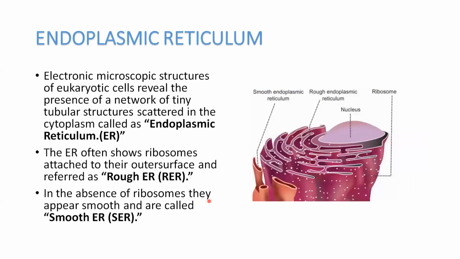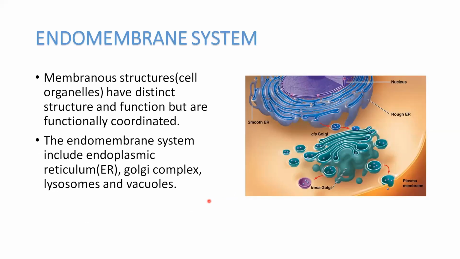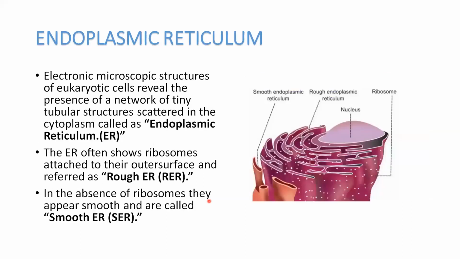Now let us move on to all the other cell organelles. First, let us go through the endomembrane system related cell organelles, then all other cell organelles. So what is the endoplasmic reticulum? It is a network of membranous tissue which is continuous with the nuclear membrane.